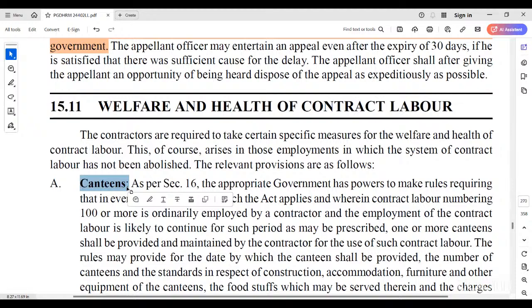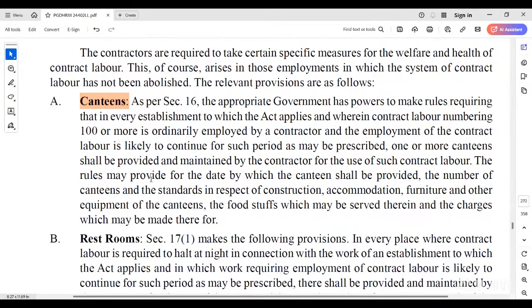So if 100 or more contract laborers are working in any organization, the principal management has to provide canteen facility for such contract laborers.